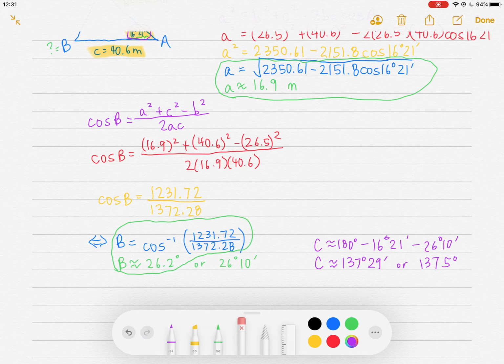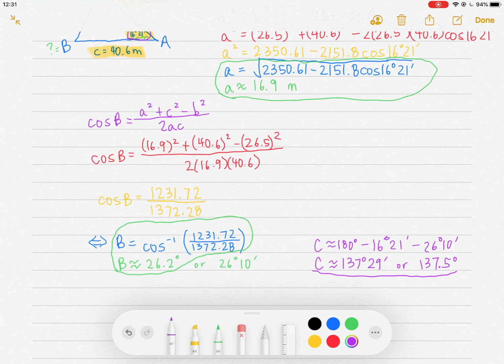So again, the book in this section will probably have you do degrees and minutes when they give you degrees and minutes. I'll only ask for decimal degrees on the test, but we should be able to come up with either one of these from our calculator. Okay, now I'm going to pause my video.